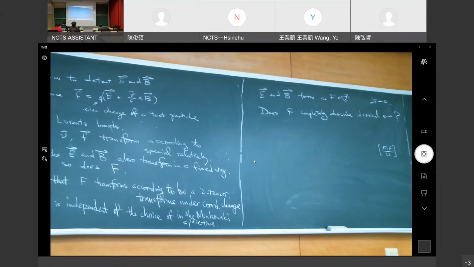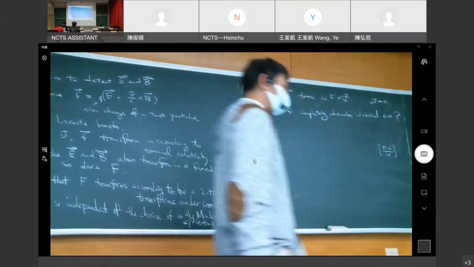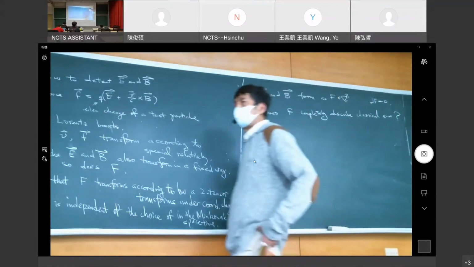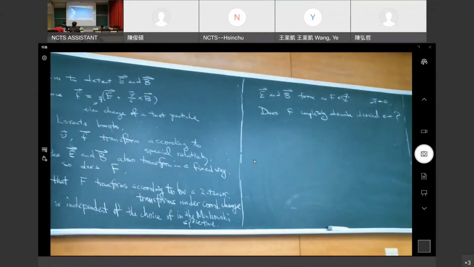So this two-form F constructed from E and B is actually the curvature of a line bundle, not just a closed two-form. I'm now going to indicate that in both aspects we can provide experimental evidence. This has to come from experiment.